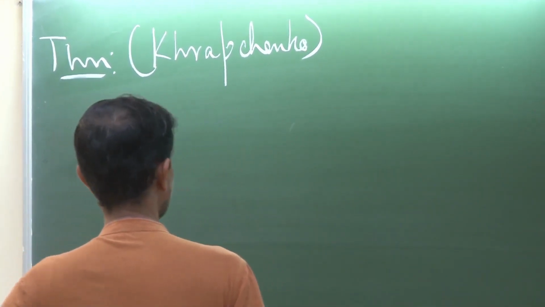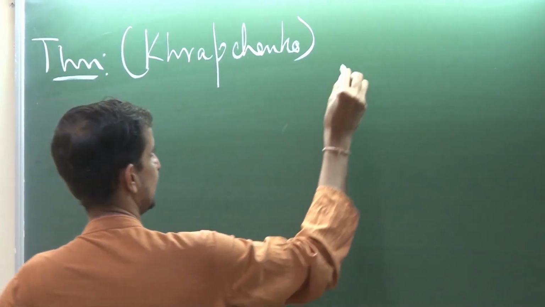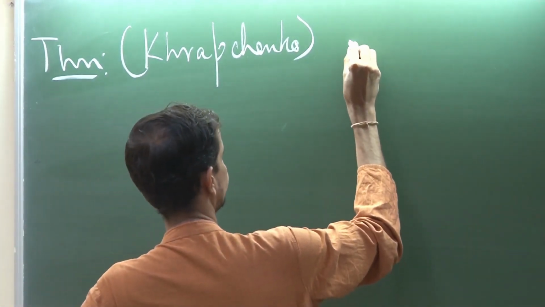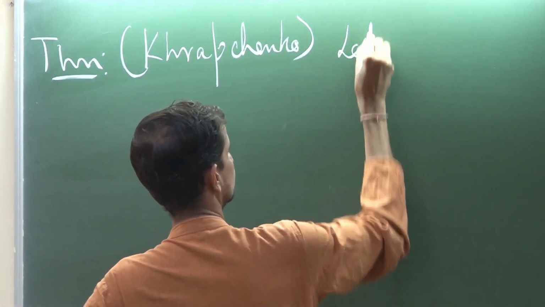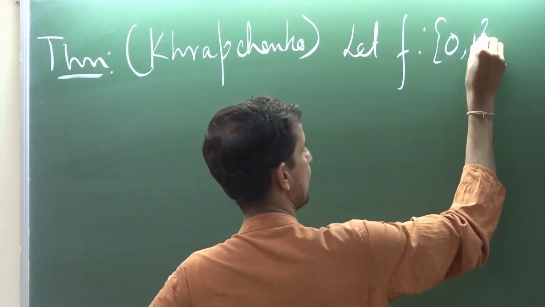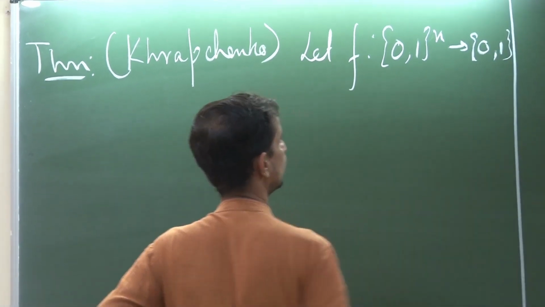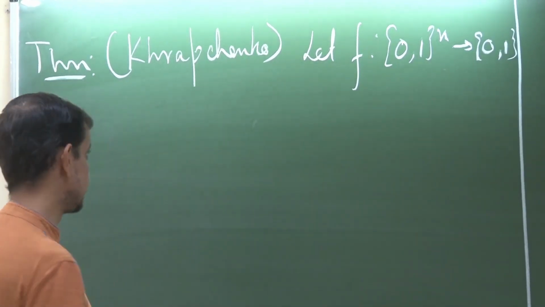The theorem says that suppose you have a Boolean function f. Let f be a function from {0,1}^n to {0,1}.